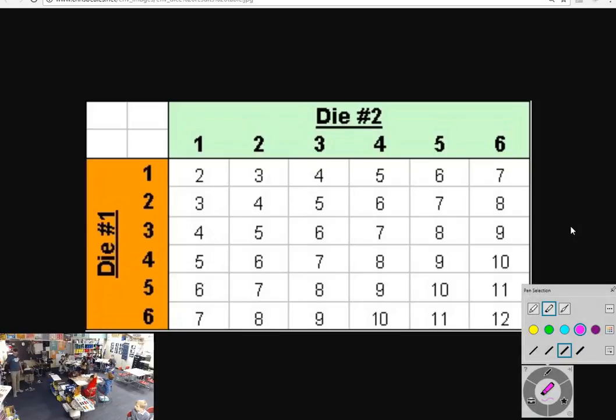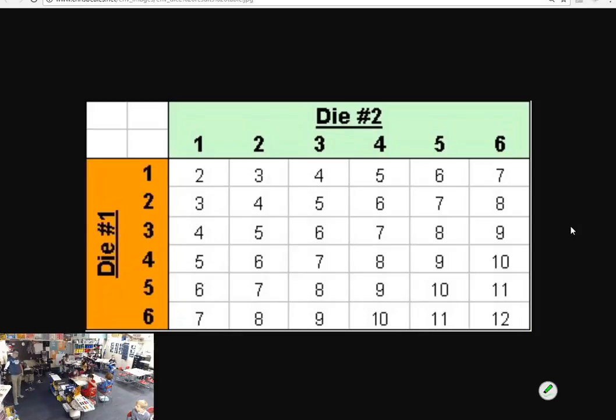How could I figure this out? Because it says die 1 and die 2, we're not trying to find the total, we're trying to find the face of the die. You just look at every even number on the die. So do I highlight this whole column? No, you just the 2.